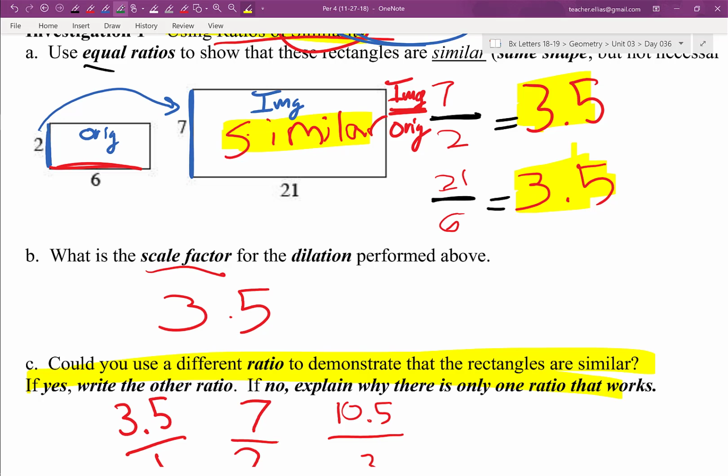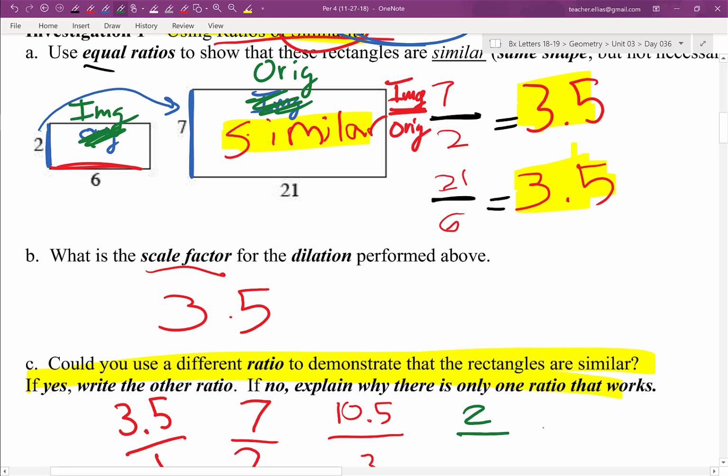Now we're going to pretend the small one is the image and the big one is now the original. So let's take the image 2 and divide it by the corresponding side in the original. You get 0.286.